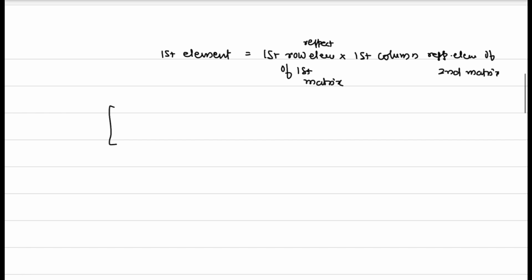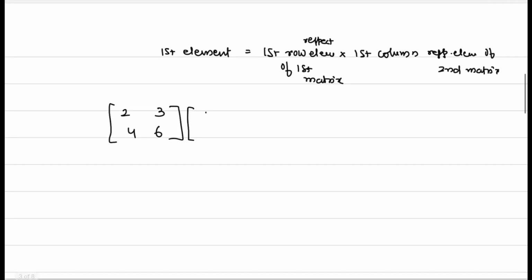Similarly for 2, 3, 4, 6 into 2, 4, 3, 6, how can it be done? The first row elements are multiplied with the respective column elements and added. The first element will be 2 into 2 plus 3 into 3.